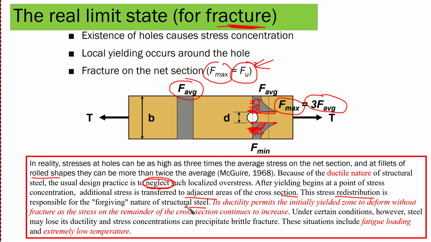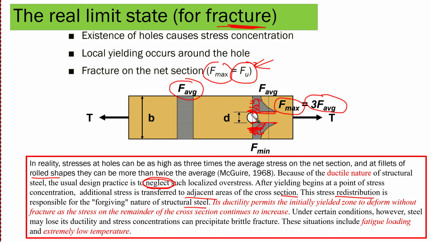So it is a little bit counterintuitive whenever we say that yield is going to take place here. Why are we going to talk about fracture or something like this? Why do we not start with yielding?